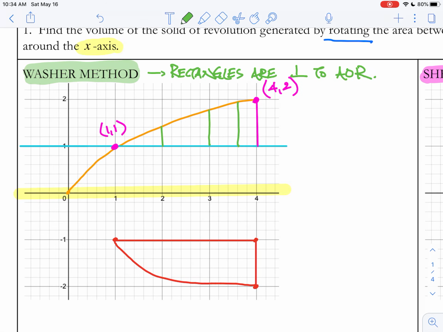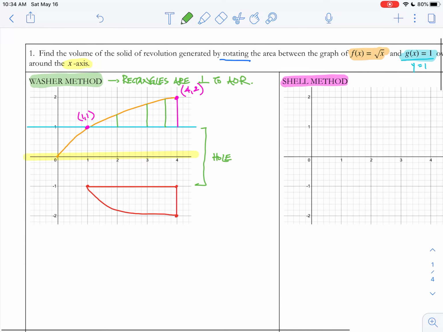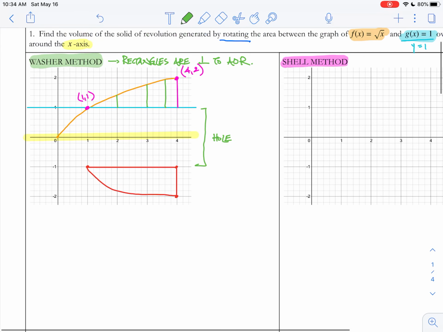And so when I think about this case, I definitely see that I have a big hole inside of my shape. All right, so right here is the hole. And so I need to think about a big R and a little r. Okay? So let's think about how to set this up.